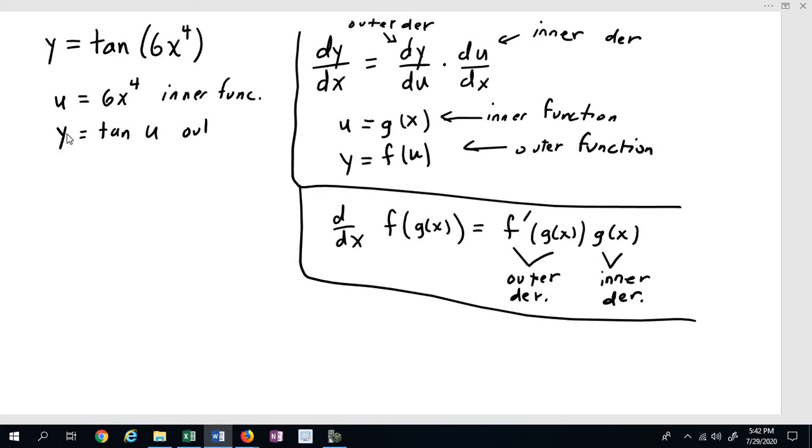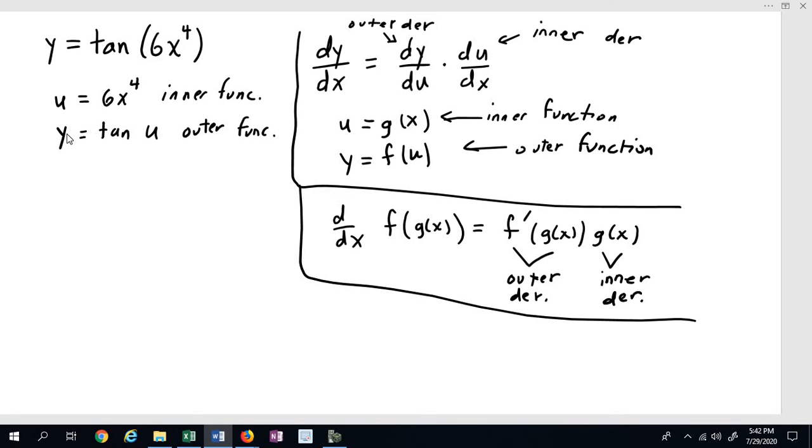That's called your outer function. Basically, you start with this composition, you call the inner function u, and then the outer function will be, in this case, tangent of the inner function, tangent of u. And so you've expressed the composition in this particular way.